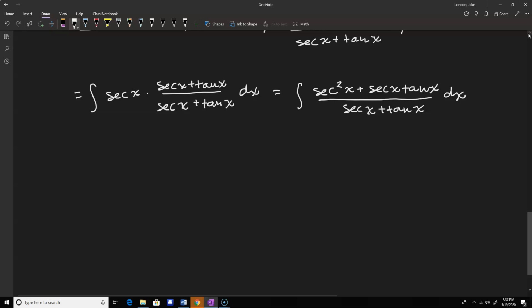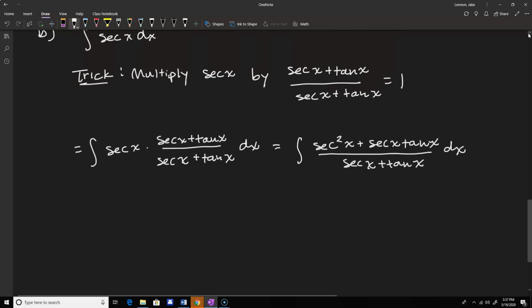What is that substitution going to be? Well, we know the derivative of the tangent of x is the secant squared x, and we know the derivative of secant x is secant x tangent x. So if you let u be the secant of x plus the tangent of x, you'll get the numerator as your derivative of u. So quite amazing.